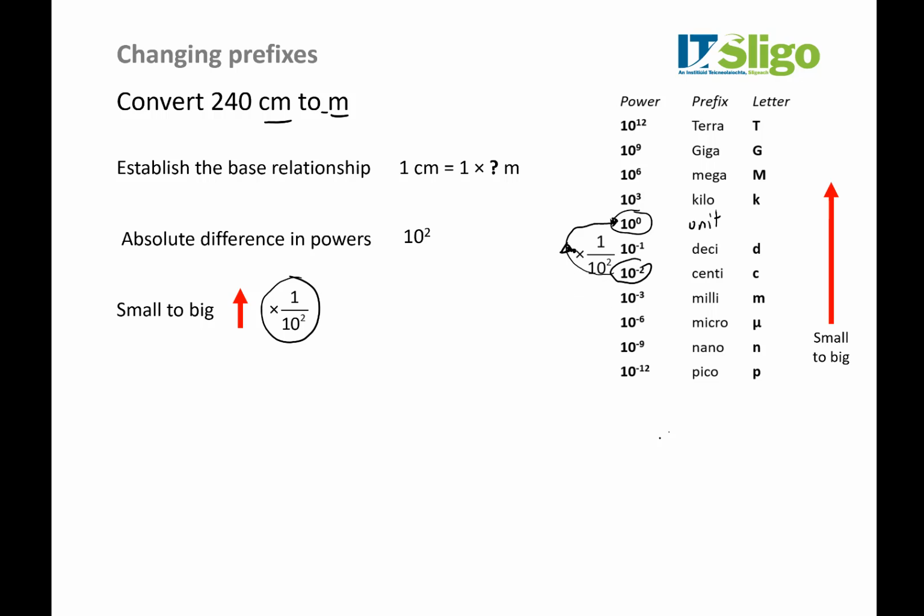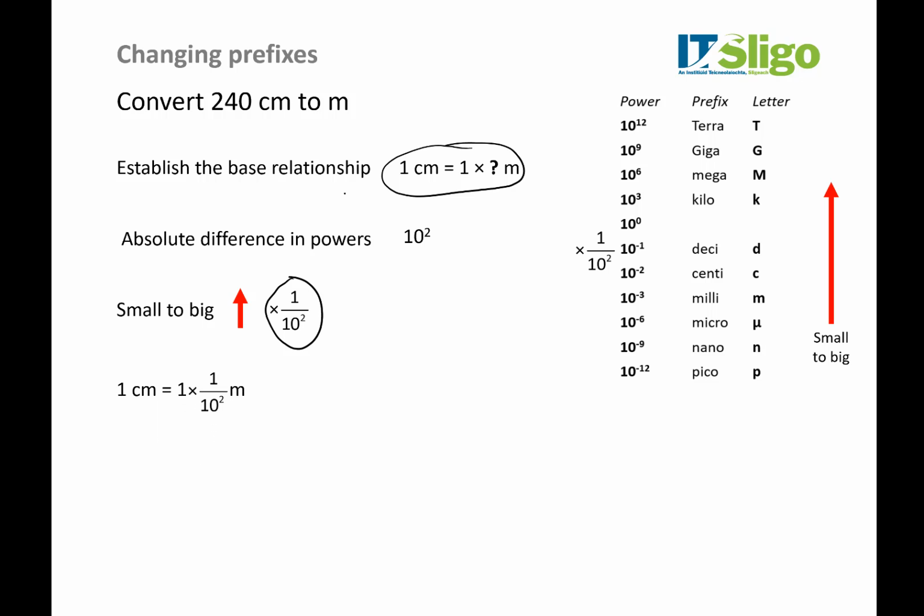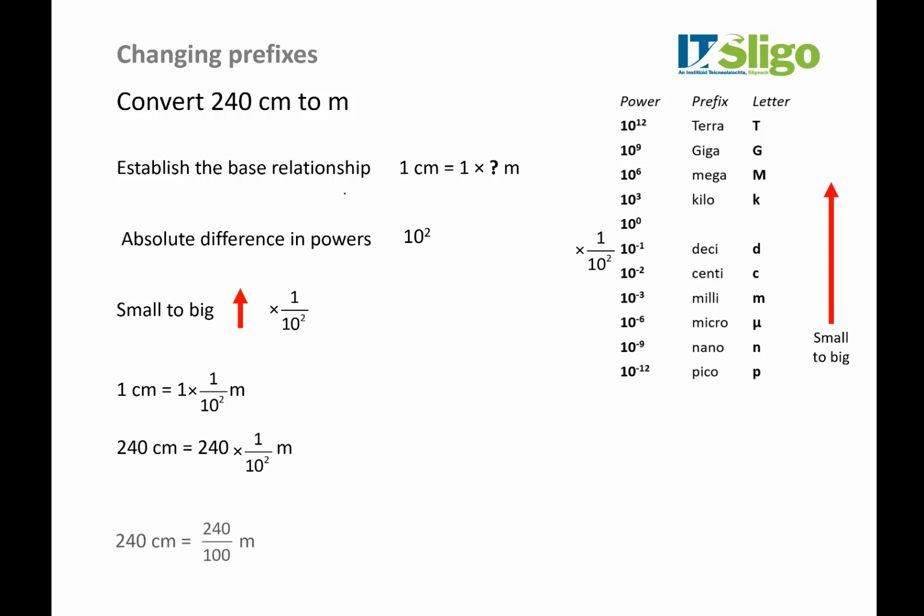So we get the reciprocal of the difference in powers. And now we have our conversion factor, guys. So that's what we were looking for here. 1 centimeter is 1/100 of a meter. And now we bring in the 240. So 240 centimeters is 2.4 meters.